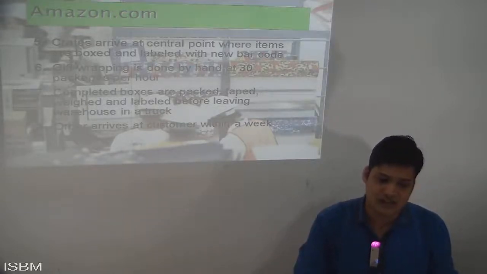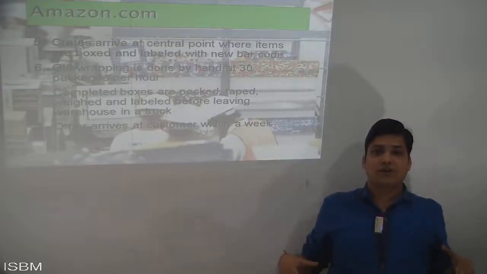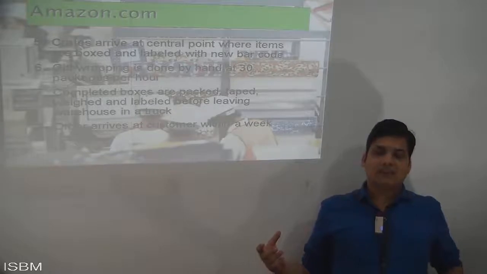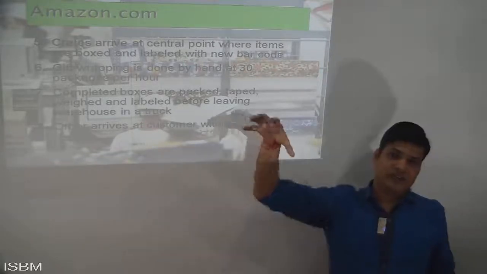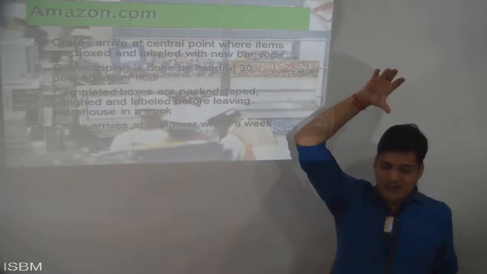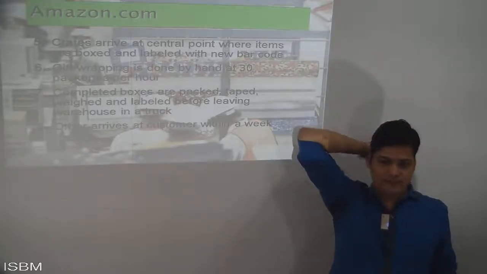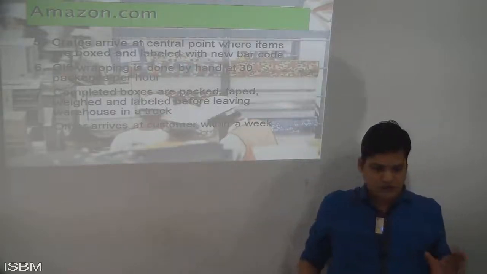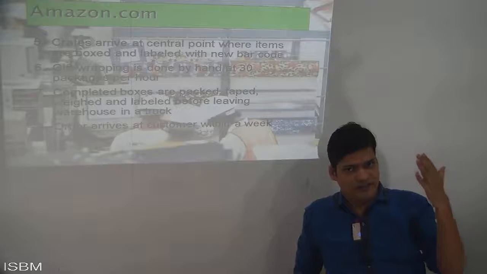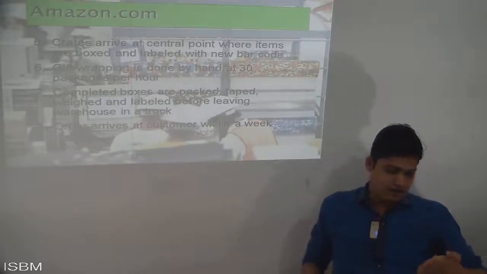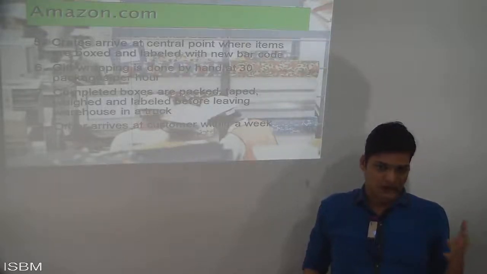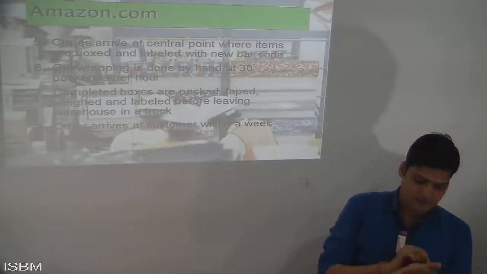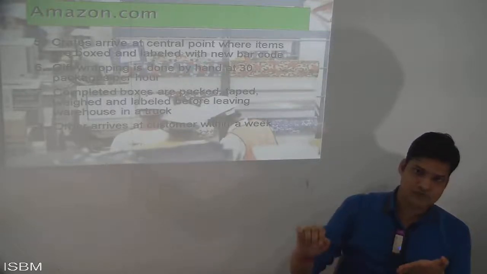Then the order arrives at the customer within a week. When the products have reached the godown, warehouse or inventory, they are taken from there. There is one laborer and one supervisor. When an order comes to the supervisor, they get a computerized order, for example, that they want 10 Dell laptops.